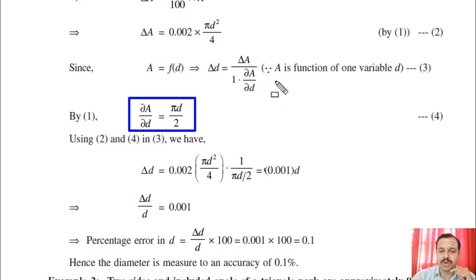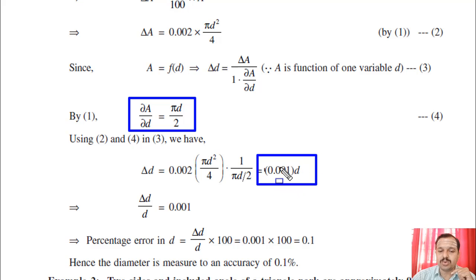This we have substituted, the whole divided by the value we have computed, pi d by 2, that is available here. So if you simplify this, you will get 0.01 into d.